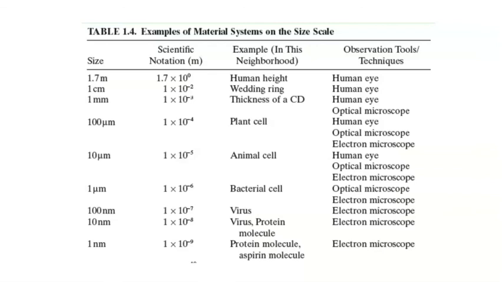But in the electron microscope, instead of light, we are using the electron beam to see objects which are much smaller in size. So this is what some special observation tool or technique is used to see different objects which are lying in different sizes.